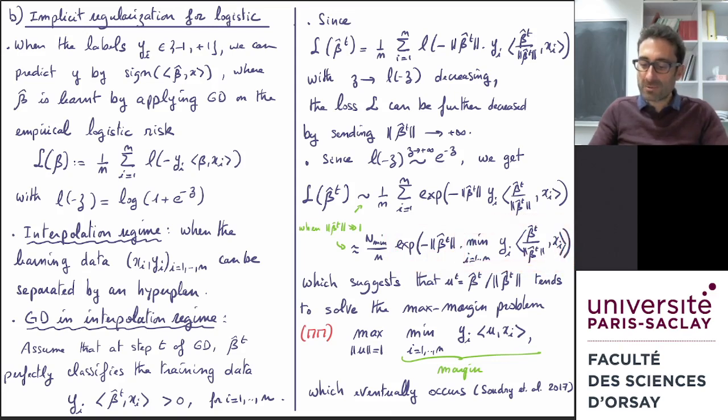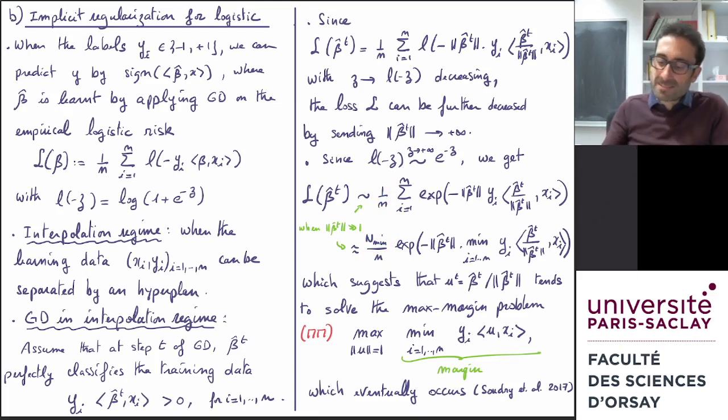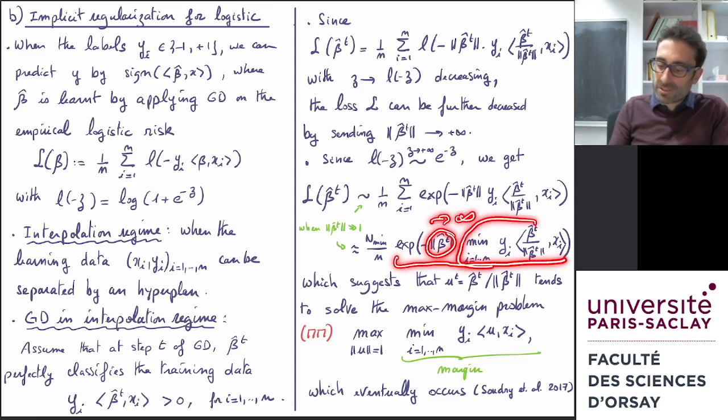And how many terms do you have like this? You have n min terms like this, and you have over n because you have a 1 over n. All right, so what you see is that you have a loss which is essentially proportional to this quantity. So you have a term here that goes to infinity, and you have another term here.